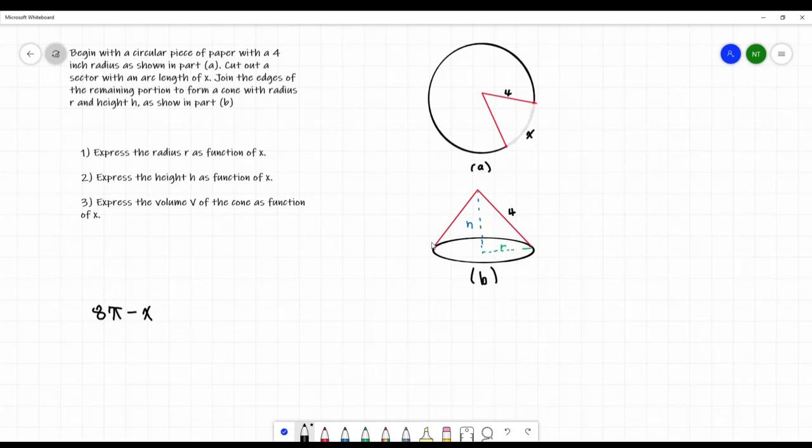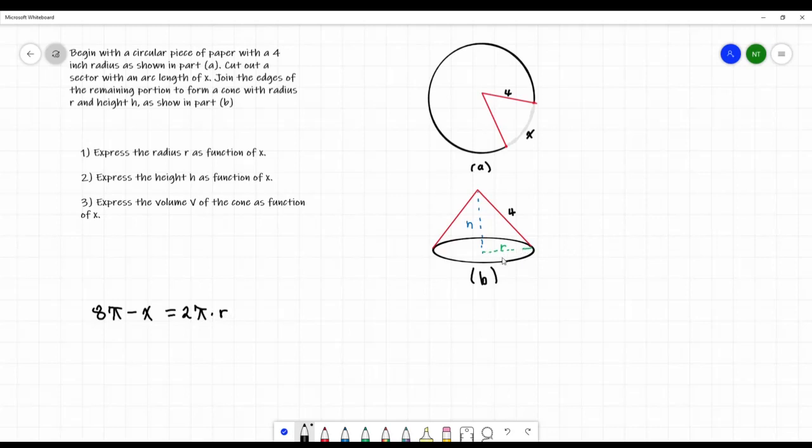So we found the circumference of this cone. All right, so what else do we know? We actually have another formula for this cone. The circumference of the cone's base is also equal to 2 pi times r. Do you see it?